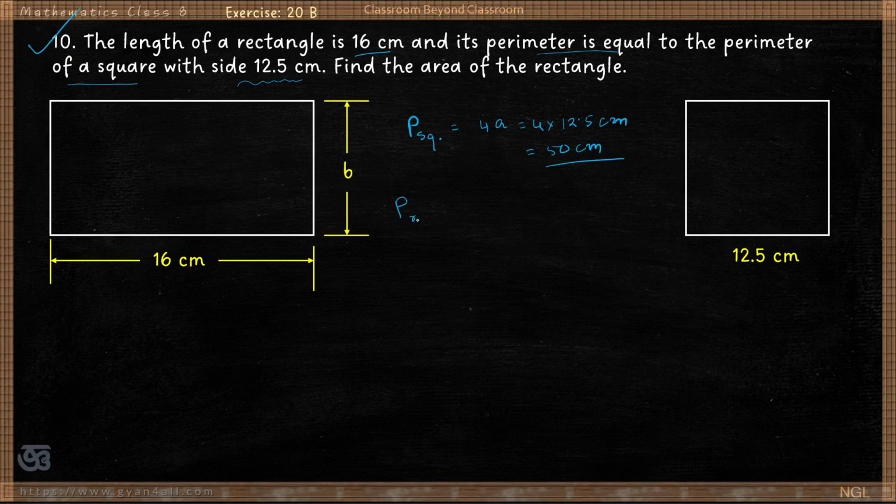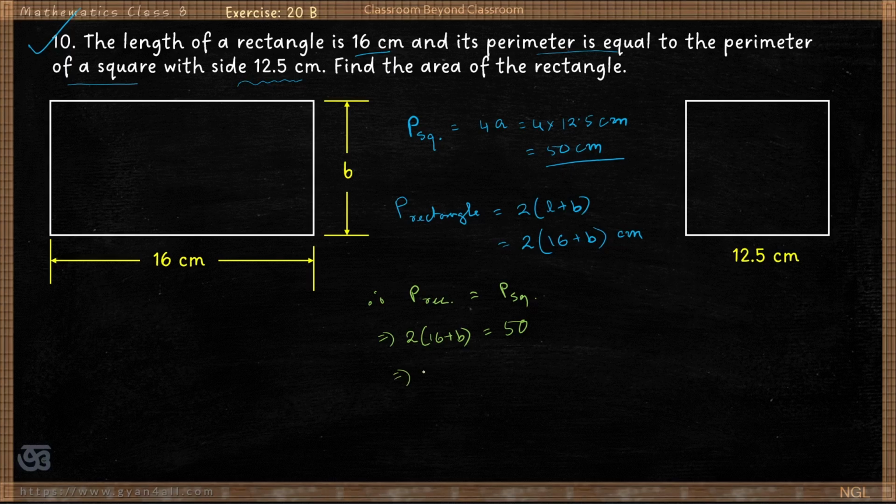Again, the perimeter of a rectangle is equal to twice L plus B, and here 2 multiplied by L is given, that is equal to 16 plus B, and it is also in centimeter. According to the question, the perimeter of the rectangle is equal to the perimeter of the square. This is given. So let us write 2 into 16 plus B is equal to 50.